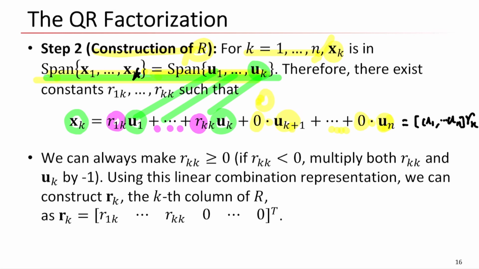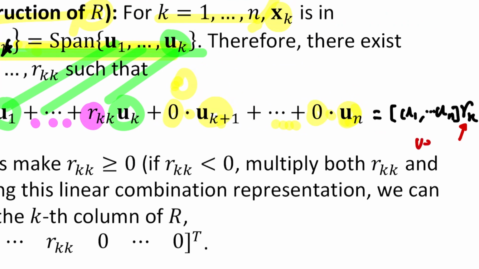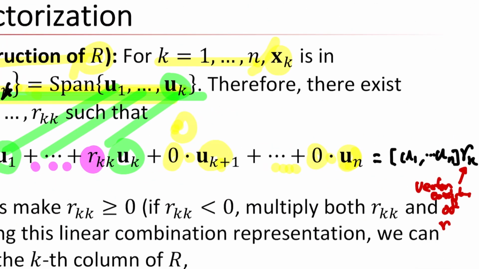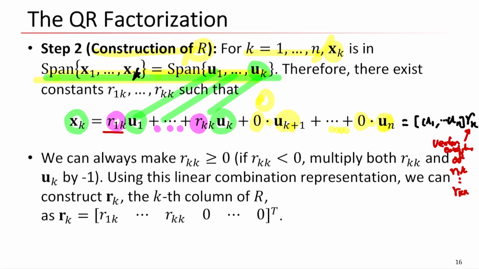In this case, rk is a vector consisting of r1k through rkk, which were the constant values to make a linear combination of u1 through uk to produce xk, right? Okay, so we can find this formulation.